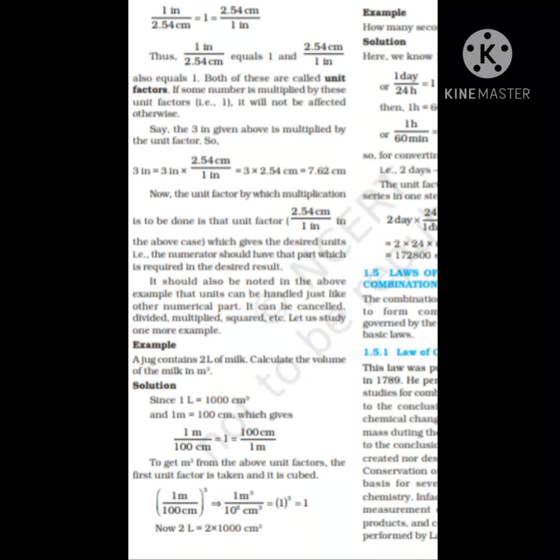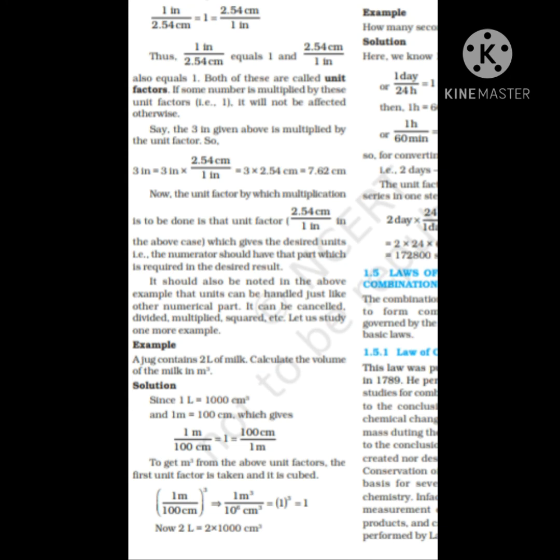Let us study one more example. A jug contains 2 liters of milk. Calculate the volume of the milk in meter cube. Solution: 1 liter equals 1000 centimeter cube. 1 meter equals 100 centimeters, which gives 1 meter by 100 centimeters equals 1, and 100 centimeters by 1 meter equals 1.